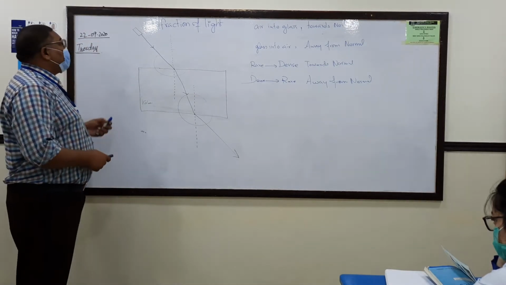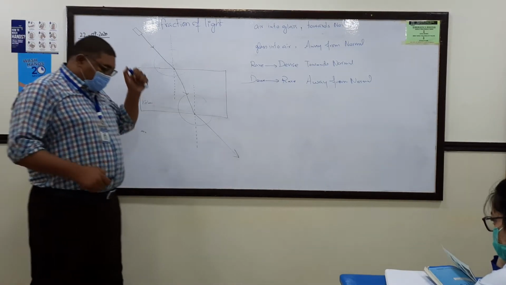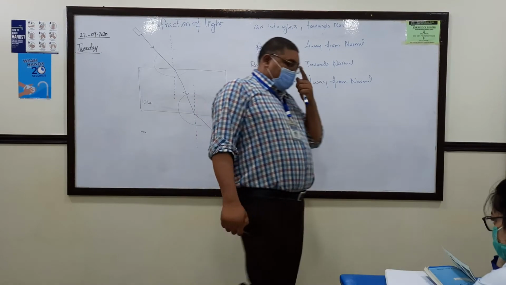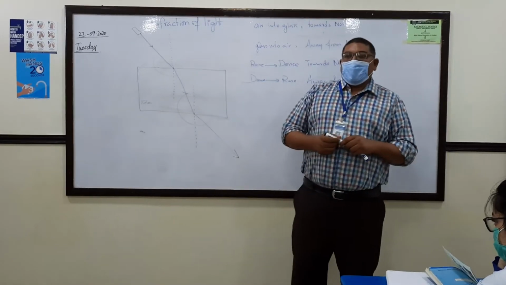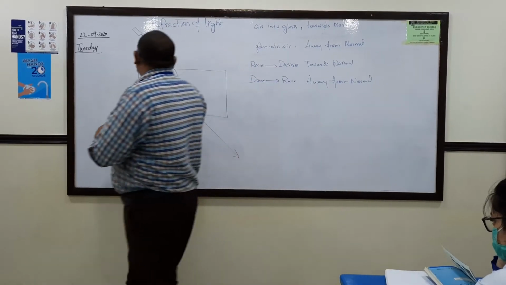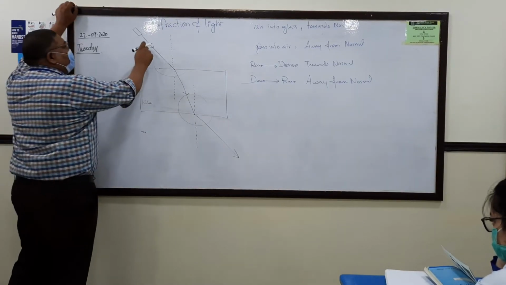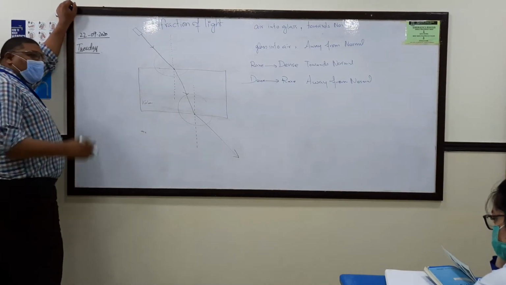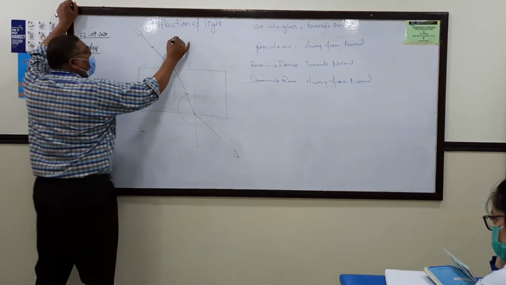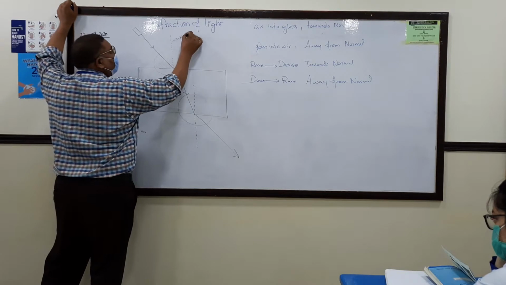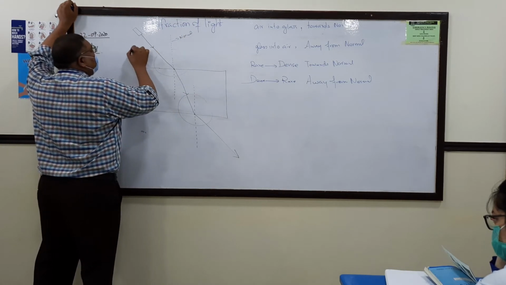If you just consider this portion, this ray, which is in the first medium, I will call the incident ray. This is called the normal.